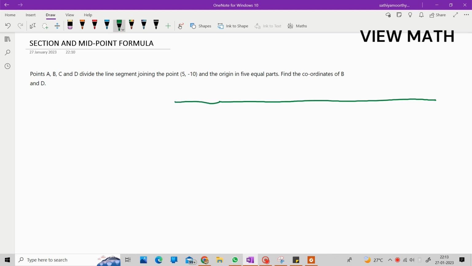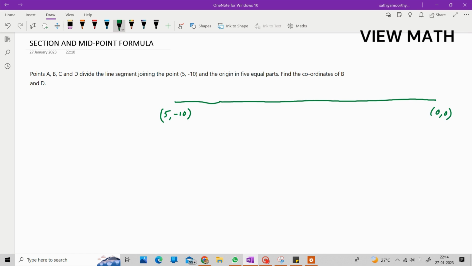The line segment joins the point 5, minus 10 at this end, and the origin on the other side, so 0, 0. Now this line segment is being divided into 5 equal parts.